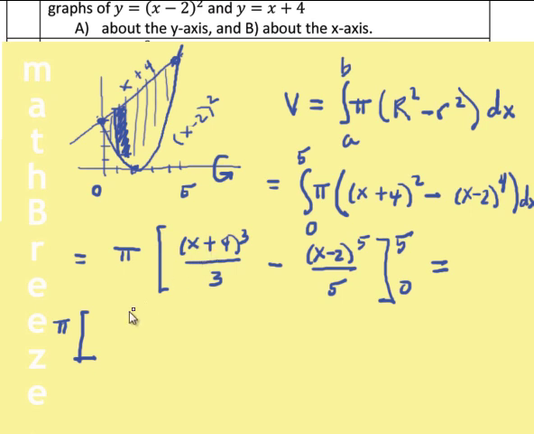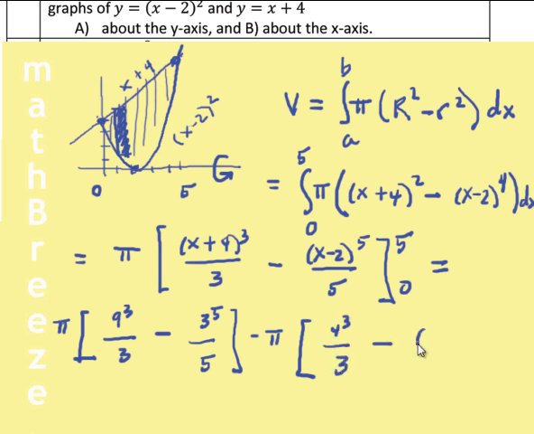So we have 9 cubed over 3. And 5 minus 2, that's 3 to the 5th over 5. And now substituting in 0, we have 4 cubed over 3 minus 2 to the 5th over 5.